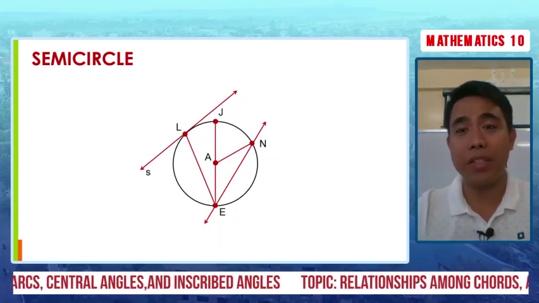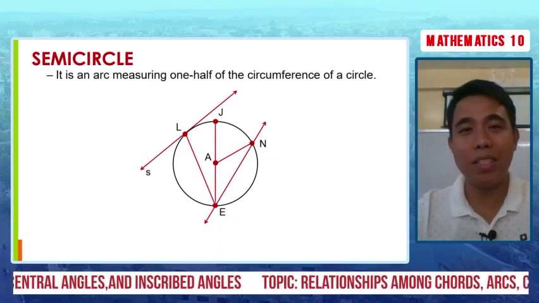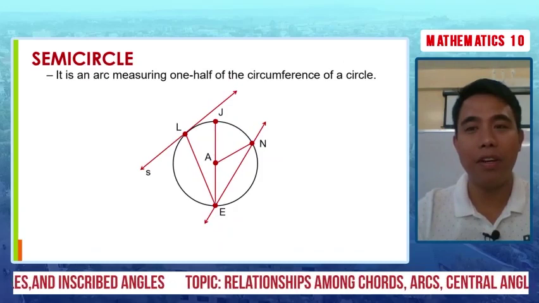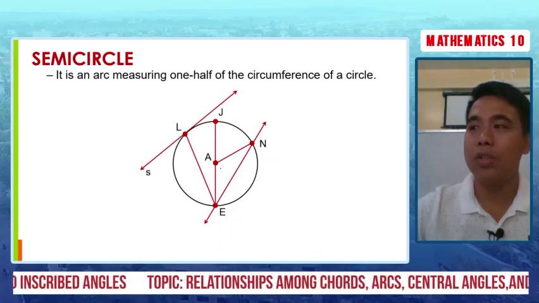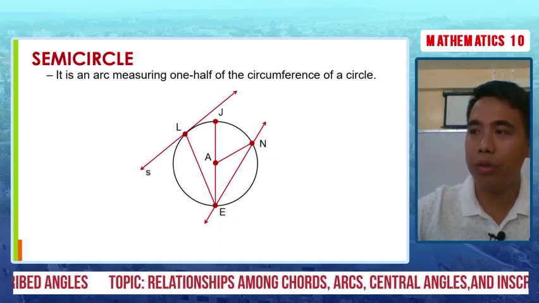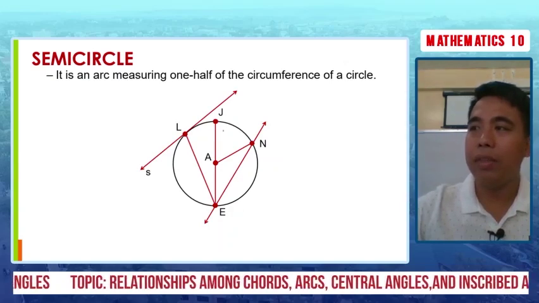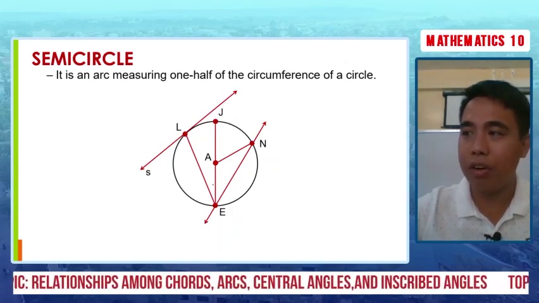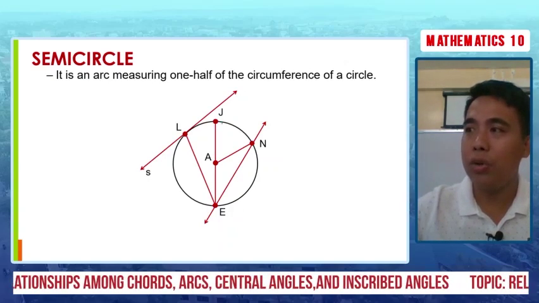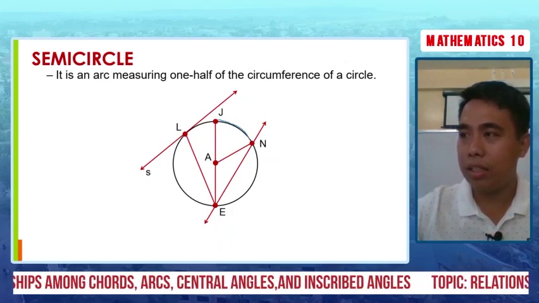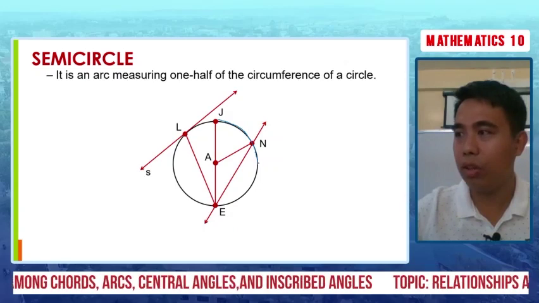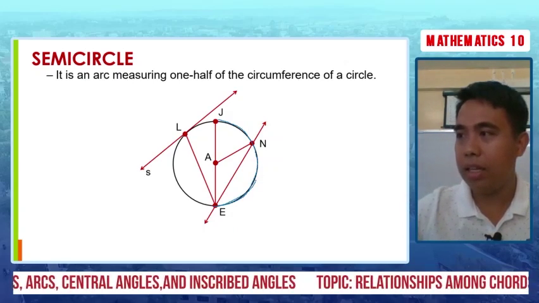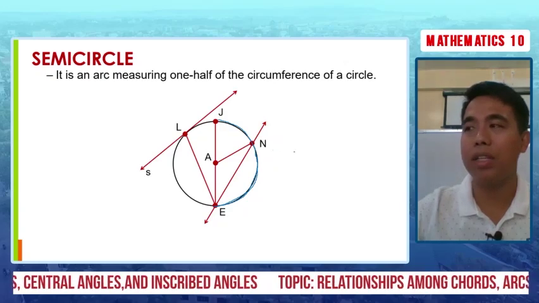How about a semicircle? A semicircle is an arc measuring 1/2 of the circumference of a circle. So the circumference is the whole of this, and the diameter divides the circumference of the circle in half. So if you notice the drawing, this arc is a semicircle.